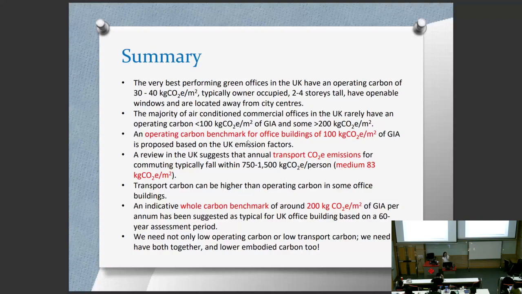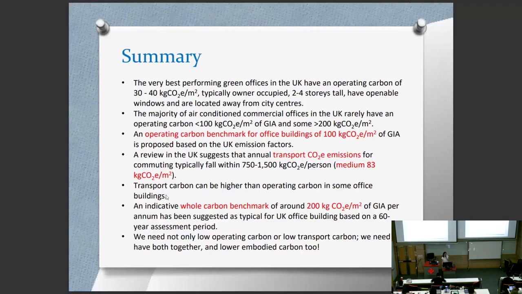The operating carbon benchmark for the office building is proposed to be 100 kg of carbon dioxide equivalent per square meter. For the transport carbon, the range will be around 750 to 1,500, and if we convert it into per square meter, it will be around 83 on average. The median will be 83 kg of carbon dioxide equivalent per square meter.